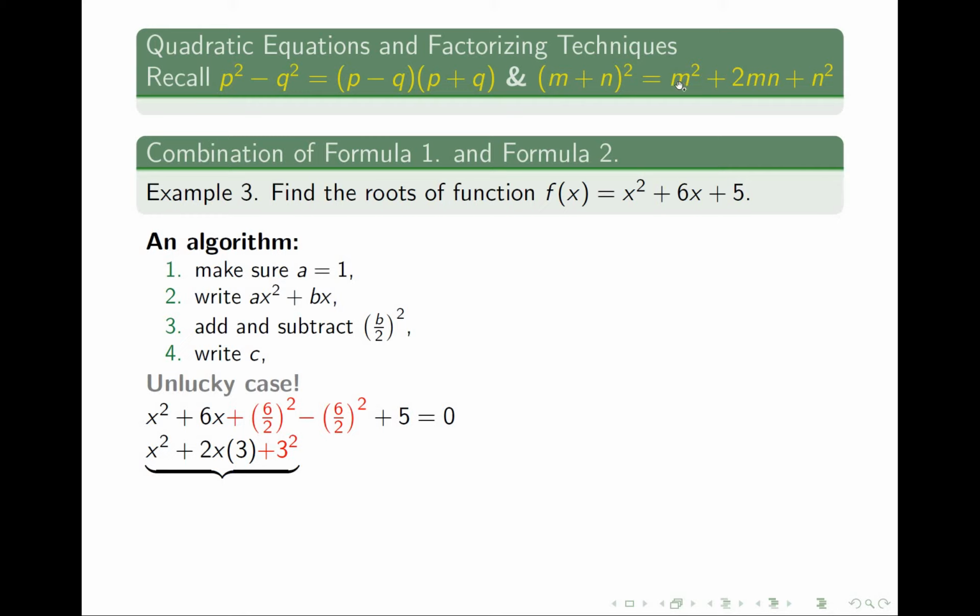It is equivalent to this one, so we can write (x plus 3) squared, and then we have these two terms: minus 3 to the power 2 plus 5, which is minus 4, and then equals 0.